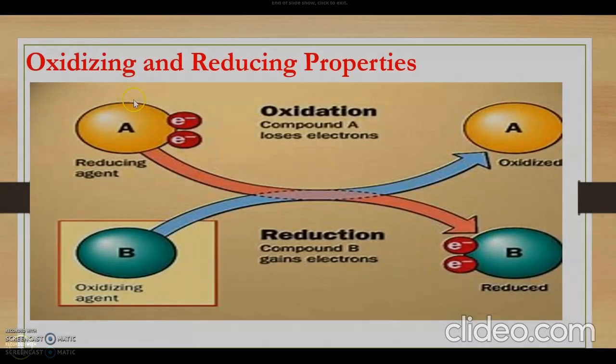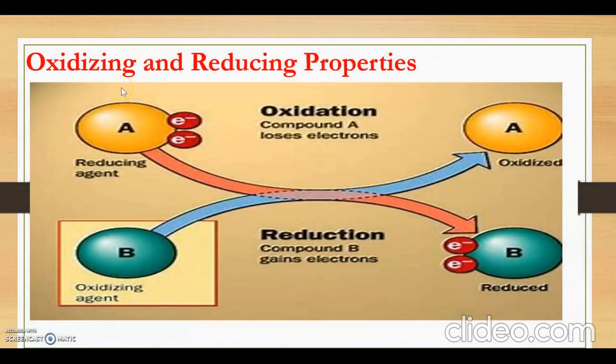Now the fourth property is oxidizing and reducing properties. An element which reduces other elements, itself undergoes oxidation, that is loses electrons by supplying electrons, and is called a reducing agent. This ability of elements to reduce others is called the reducing power of elements.